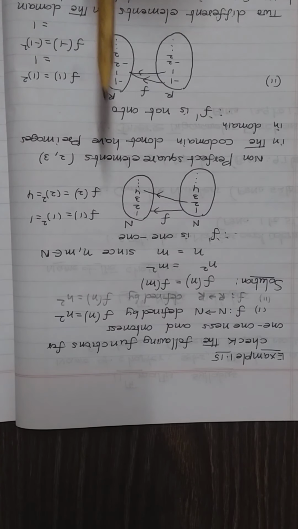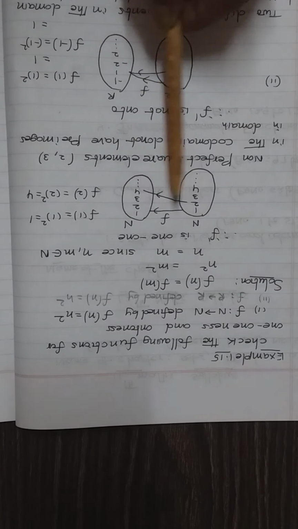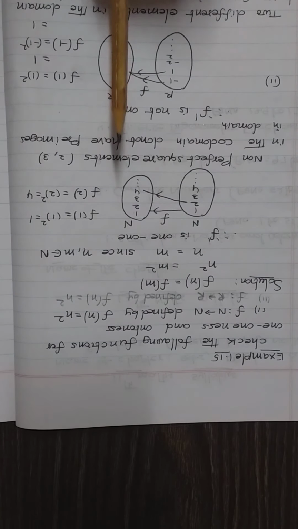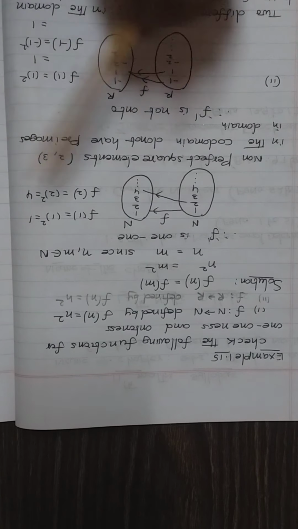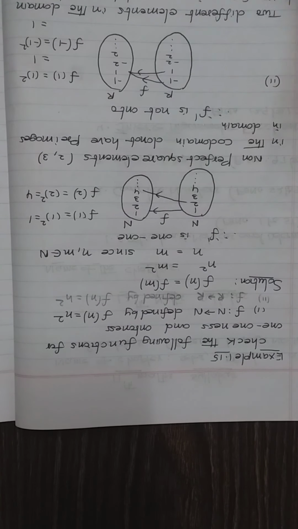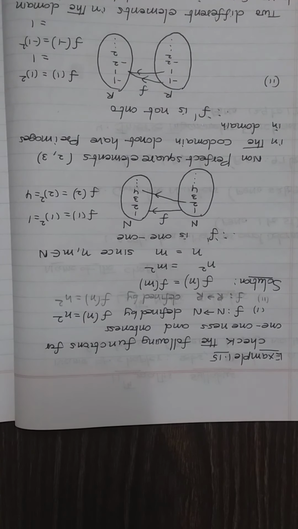So in the codomain, non-perfect square elements will not have a pre-image. So it is not an onto function. Some of the elements are left unmatched. They don't have a pre-image in the domain from the codomain. So f is not onto. So it is one-to-one, but it is not onto.